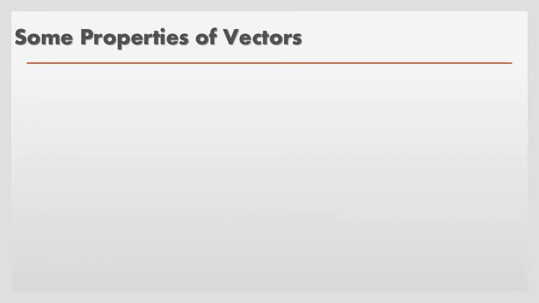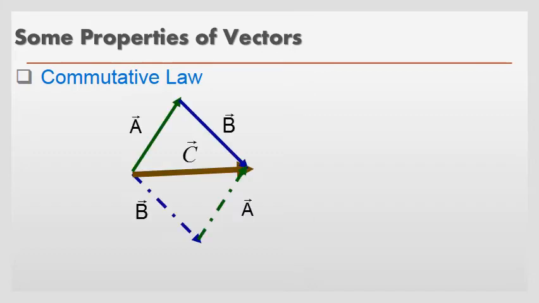To understand what the commutative law means, we're going to work out the two ways of adding vectors, head to tail in the triangle method, and see how the commutative law works in here.